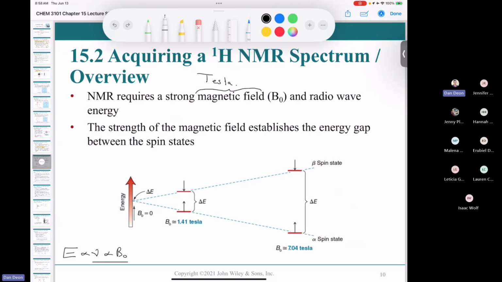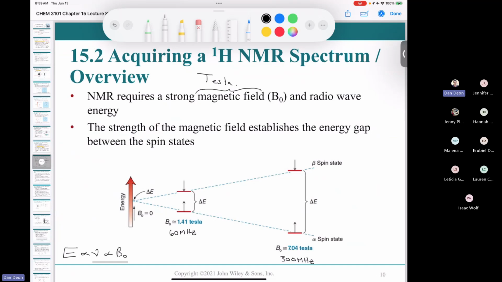It turns out that if you have a magnet that has a field strength of about 1.41 Tesla, all of the nuclei that go into that spectrometer are going to resonate at a frequency of about 60 megahertz, okay? Whereas if you have a field strength that's 7.04 Tesla, all nuclei are going to resonate at a frequency of about 300 megahertz. So we would say I have a 60 megahertz spectrometer.